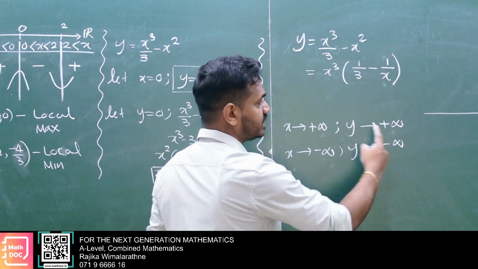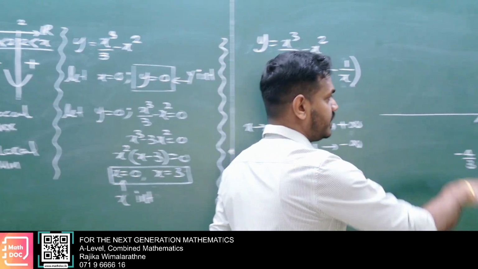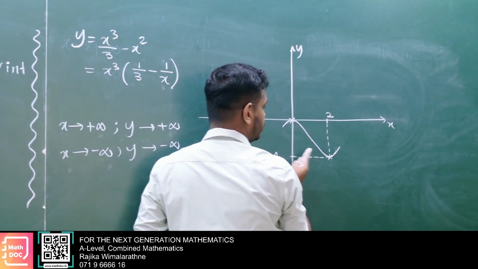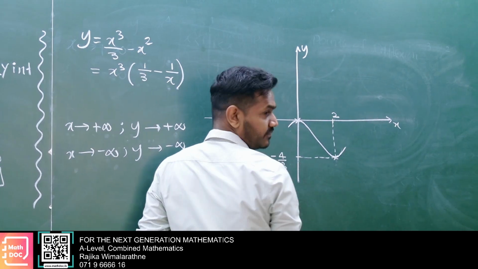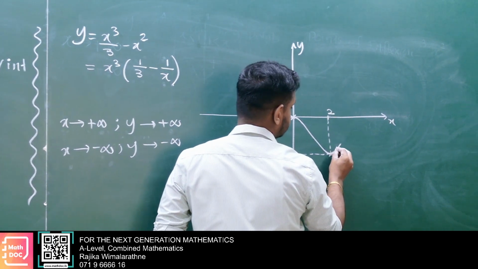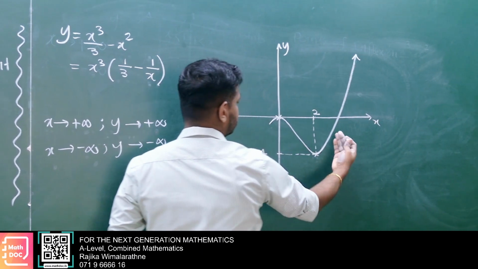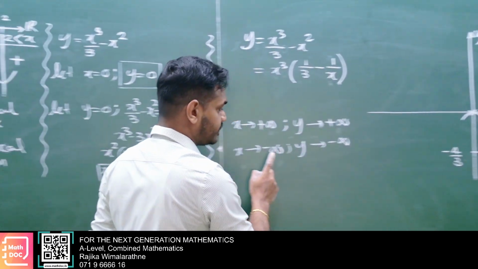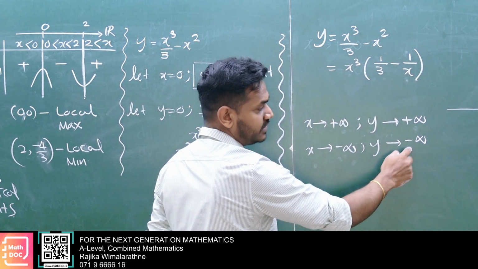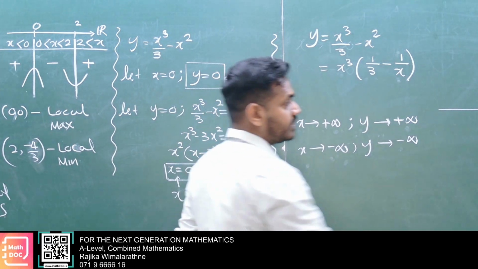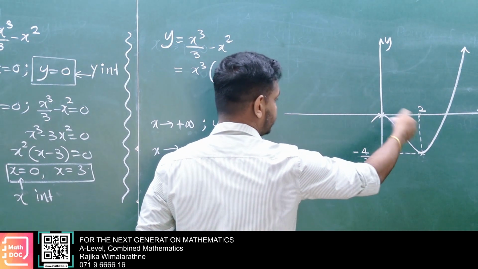As x goes to plus infinity, y goes to plus infinity. So you have to sketch this way. As x goes to minus infinity, y goes to minus infinity.